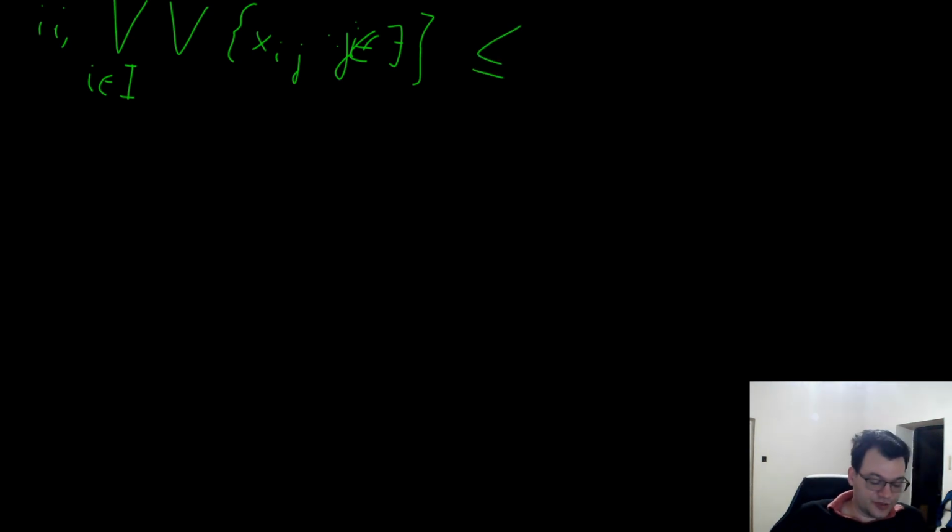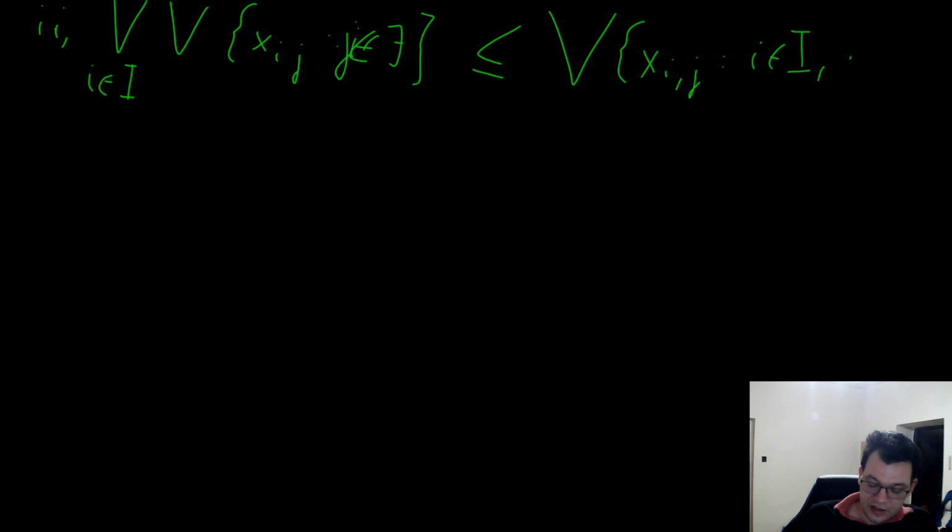So this is smaller than or equal to the flattened supremum, so it's just the supremum of all the xij's, i in I, j in J. Okay.